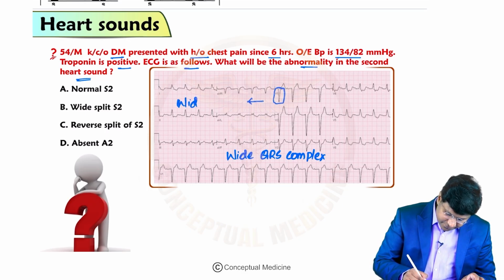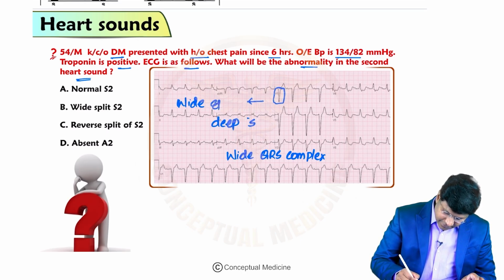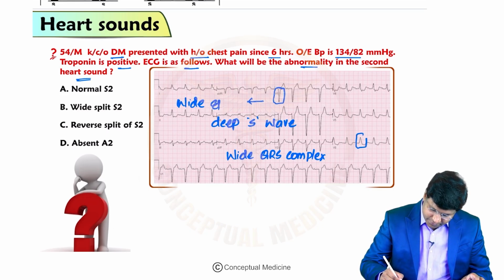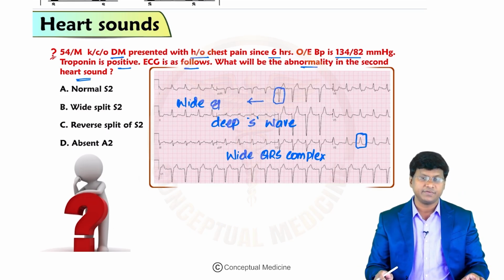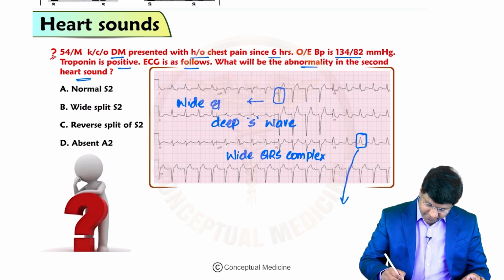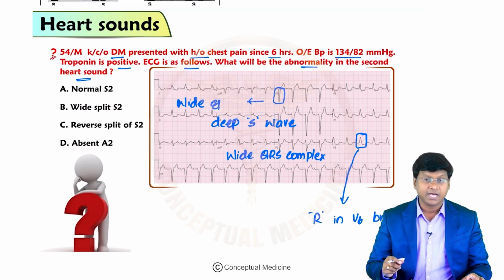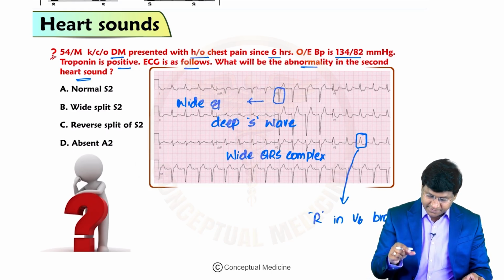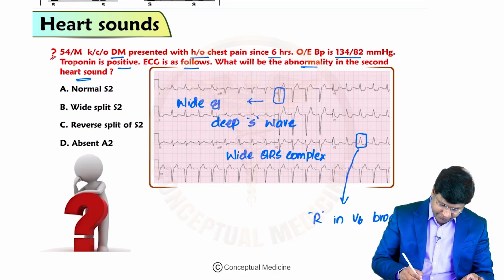And the R wave in V6 is broad. This particular ECG is suggestive of left bundle branch block.